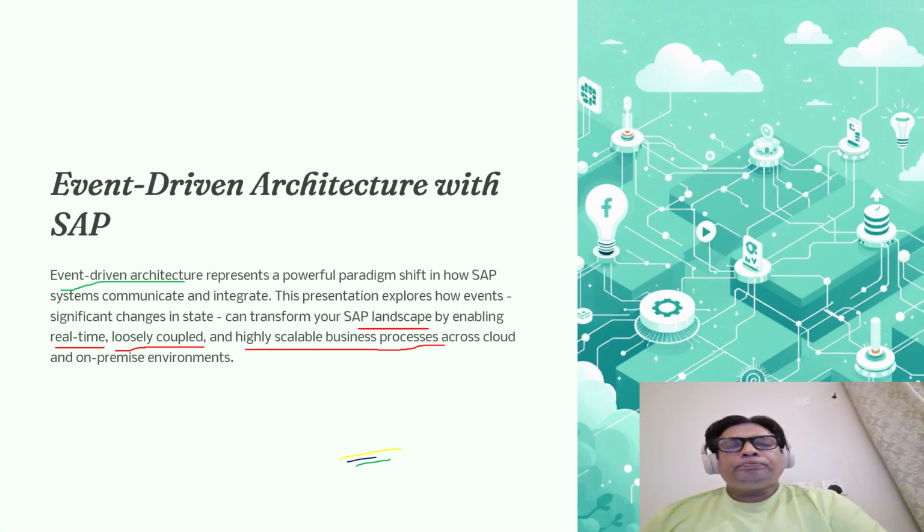In every event mesh option in event-driven architecture we have an event producer and an event consumer. There are two parties here. S4 is an event producer where the event is triggered, and it is processed via the cloud service interface.